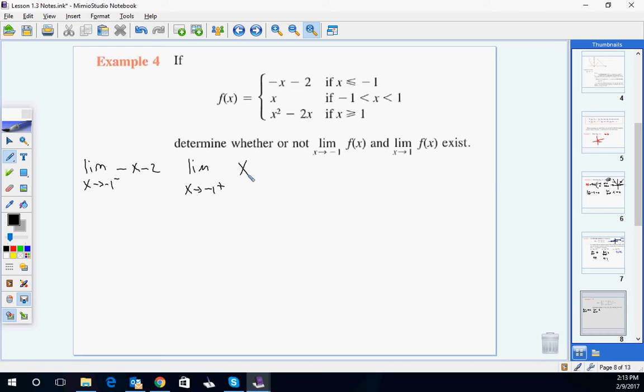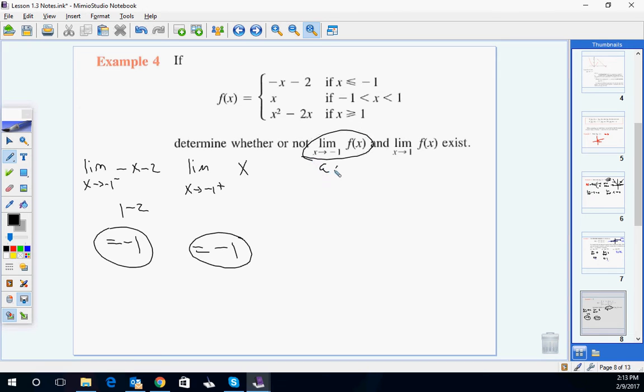So I'm going to plug it in. We put negative 1 in here. We have no restrictions. A negative 1 is a positive 1. Minus 2, I get negative 1 for this limit. If I plug in negative 1 for x, I get negative 1. They are equal, therefore it does exist.